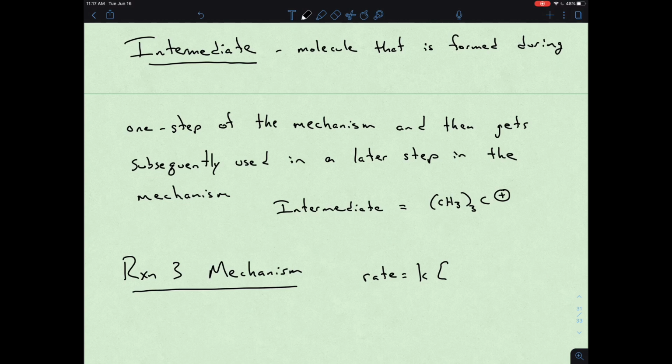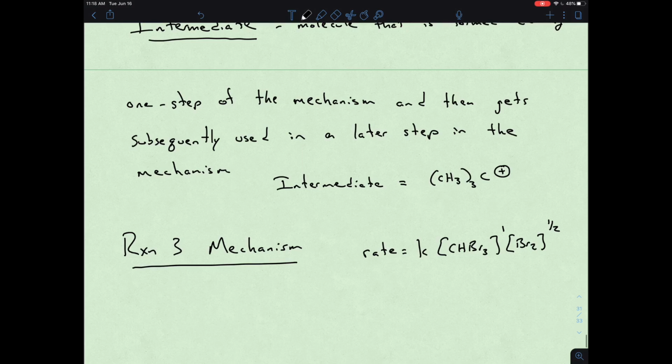So our overall rate expression for this was CHBr3 to the first power times bromine to the 1/2 power.